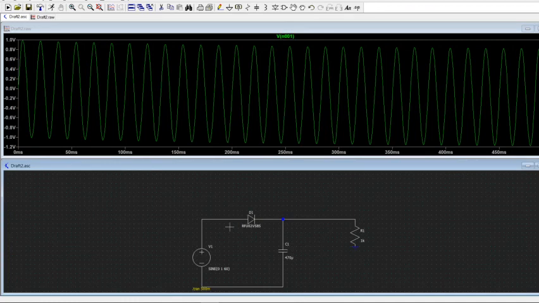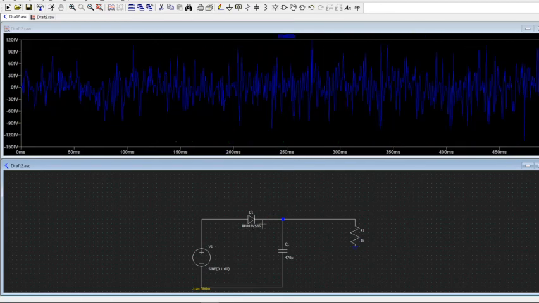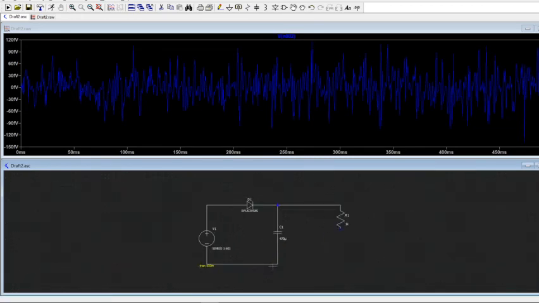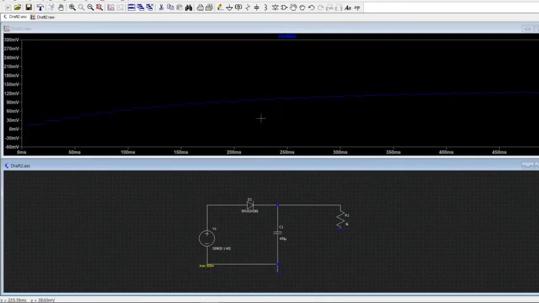Waiting for the stream to catch up. Right, so this is what it looks like. It's just a regular old sine wave. And after the rectifier, oops. Let's try this again. There it is.